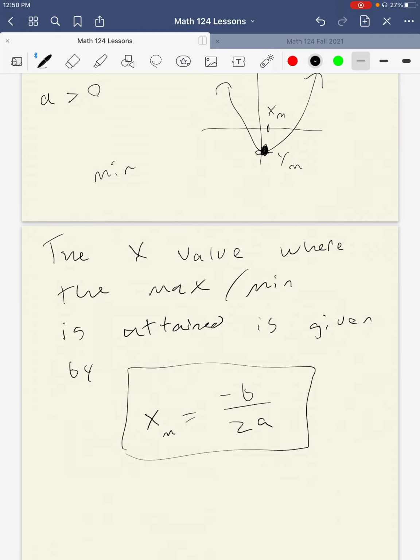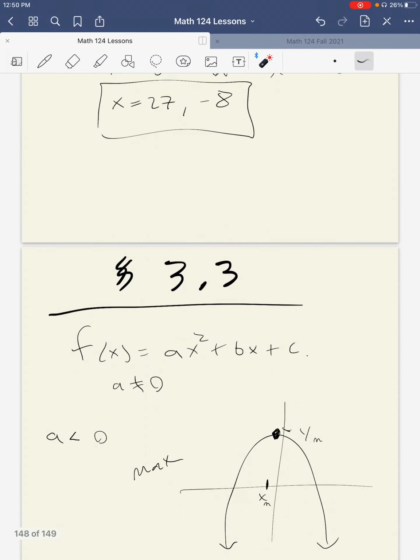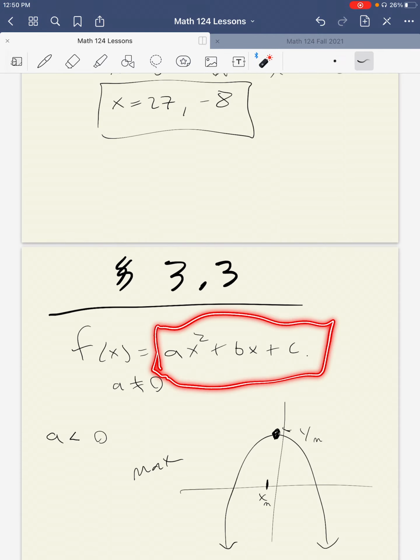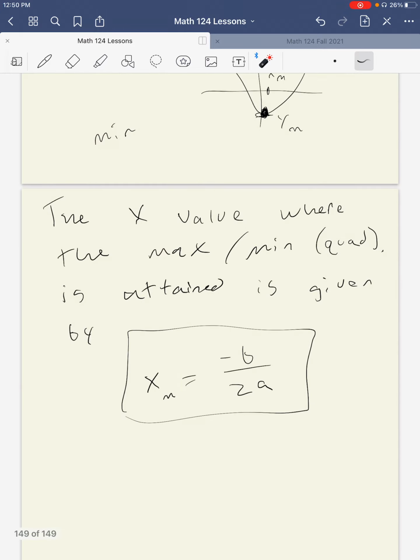Okay. Now again, this only is talking about quadratic functions, right? Not the maximum or minimum of any other type of function. So again, I'm talking about a function like this. The x value is given by negative b over 2a. Okay.